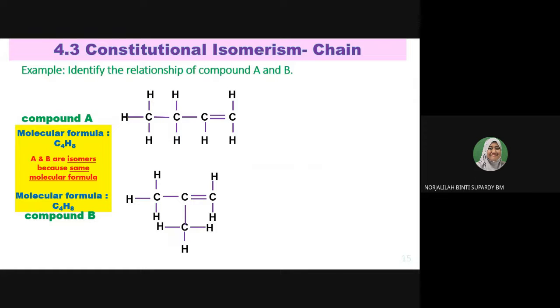Structure A consists of a 4 carbon chain and structure B consists of a three carbon chain and one branch or one substituent.